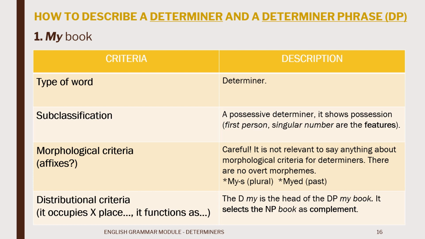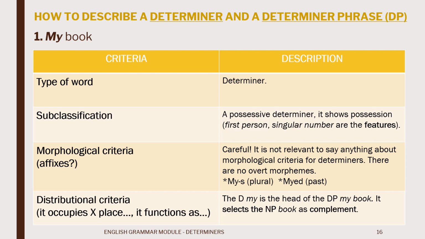As regards the subclassification, which is related to question number 2 from the previous slide, we can say that my is a possessive determiner. Why? Because it shows possession. Okay? And as regards the extra information you can add about this subclass of determiner, you can say that my carries information about first person and singular number.